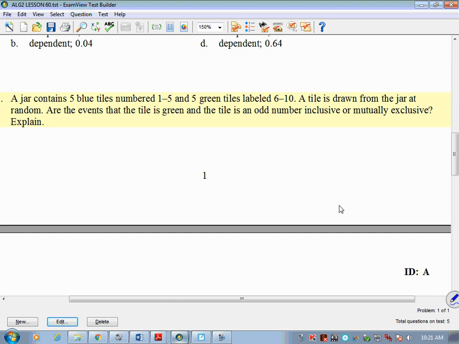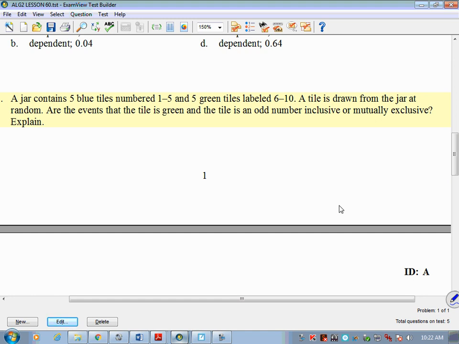Can you explain to me why? You're right. It is inclusive. Can you tell me why? There's at least one. We're looking for a word here, common outcome, right?